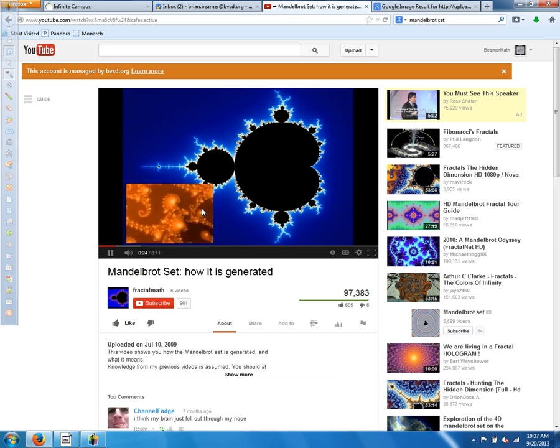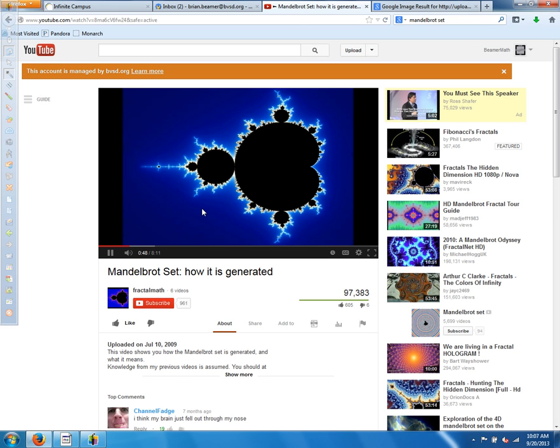We can keep zooming in. So by now we're in just a tiny, tiny, tiny little piece of the complex plane, and you get all these crazy patterns generated by this z squared plus c function. And then that was as far as the computer could do it.